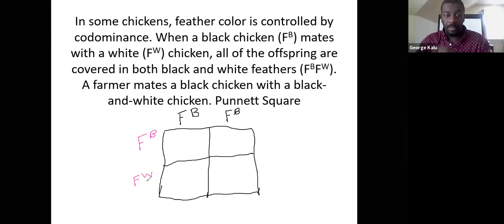And then we do our Punnett square just like we normally would. So in this first box, what would we have here? So we got FB, FB, FB, right. So FB, FB.